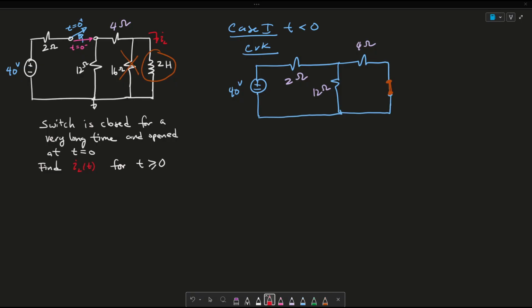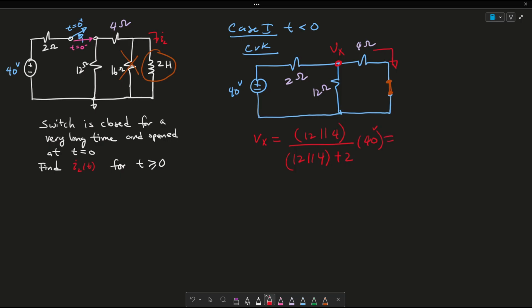So essentially the goal is to find the current through this loop here. If we can find the voltage here, Vx, we can then divide it by 4 ohms to find the current. So essentially Vx is equal to, using voltage divider, 12 in parallel with 4 over 12 in parallel with 4 plus 2, times 40 volts.